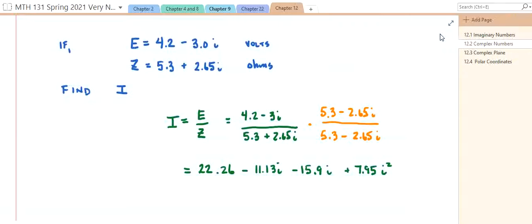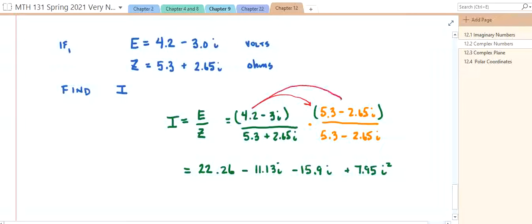Okay, multiplying the numerator together, 4.2 times 5.3 is 22.26.